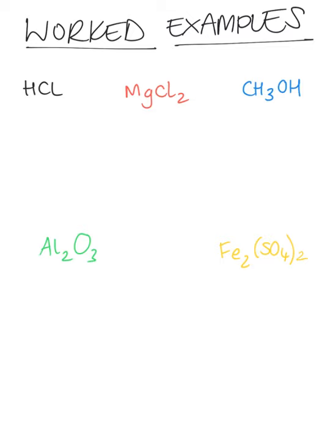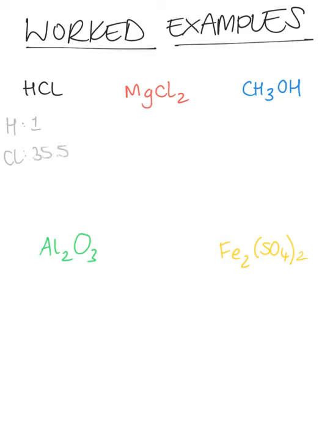The first thing you want to do when you get a question is list out all of the elements that are in that compound, okay? If you look at hydrochloric acid, or HCl, I've got H and Cl, okay? Hydrogen has a relative atomic mass of 1. Chlorine has a relative atomic mass of 35.5.